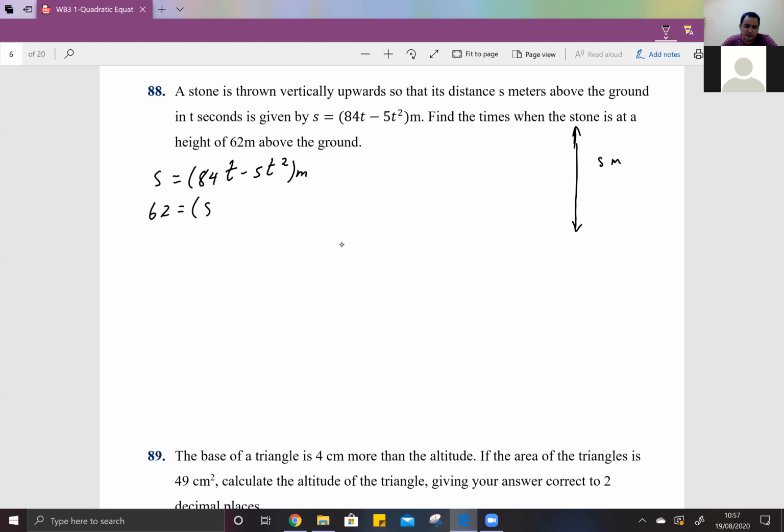It means this. So, okay. So do we just have to work it out? Yeah. Okay.